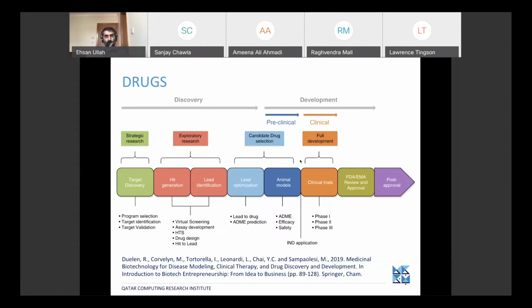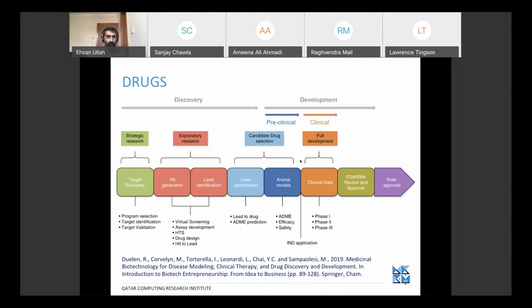And once a candidate set of these small molecules has been identified, from them the lead molecules are identified, and then they move on to the next stage, which is the candidate drug selection. As I have told you, not all molecules which show a high binding affinity to the targets are useful, because they need to be tested. So the primary thing for testing these molecules is ADME prediction.